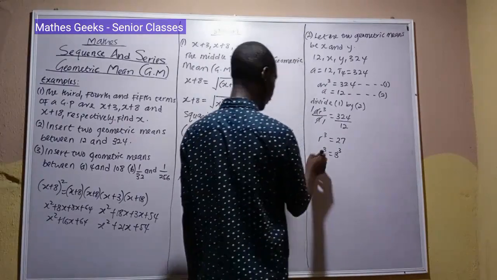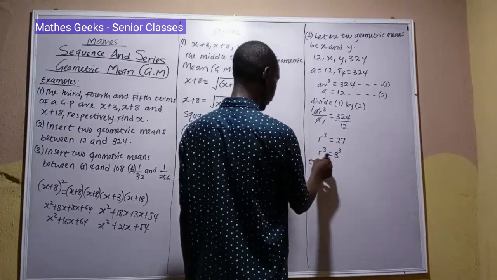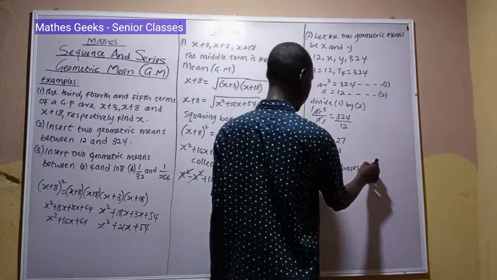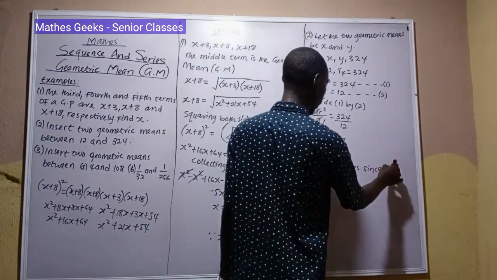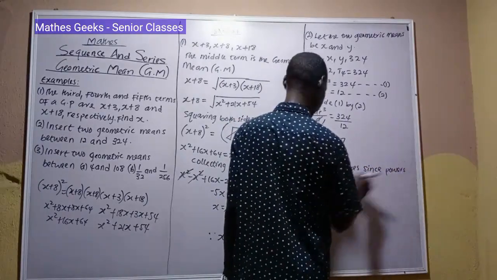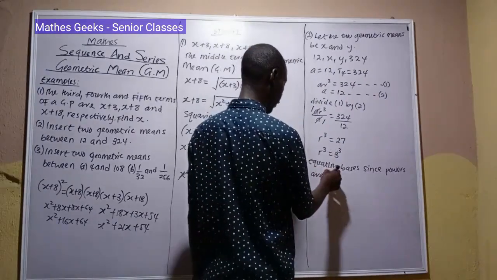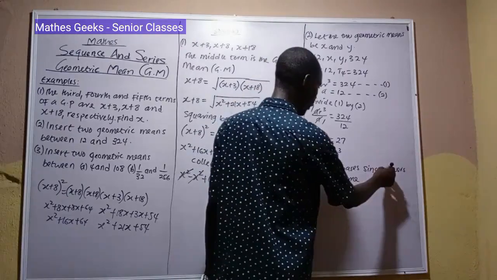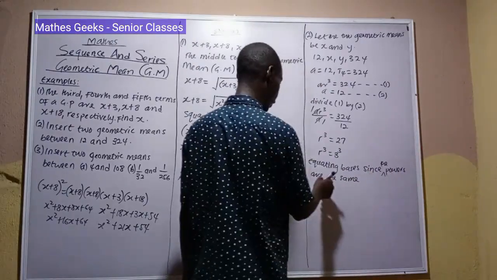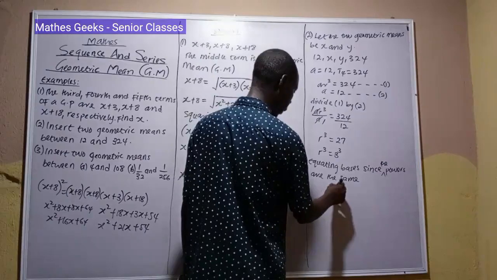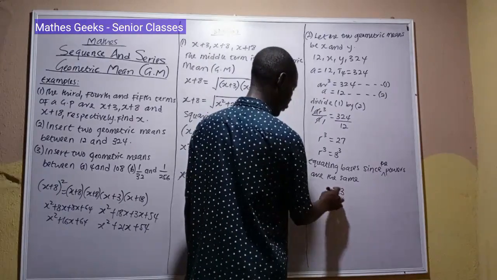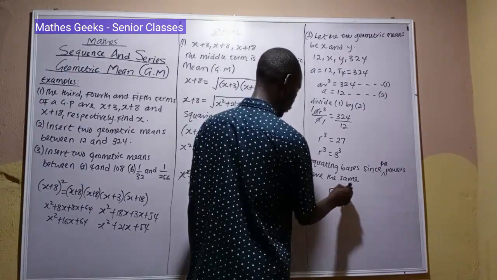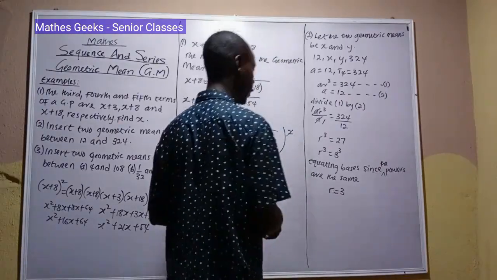Okay, so equating bases, since the powers are the same, therefore r is equal to 3. So the common ratio is 3.